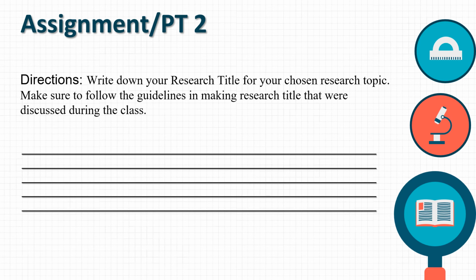And another assignment for this week, which is also your performance task number 2. So your data collection plan was your first performance task. So this is the second one. It's you writing your research title for your chosen topic. So make sure that your title follows the guidelines in making the research title that were discussed during the class.